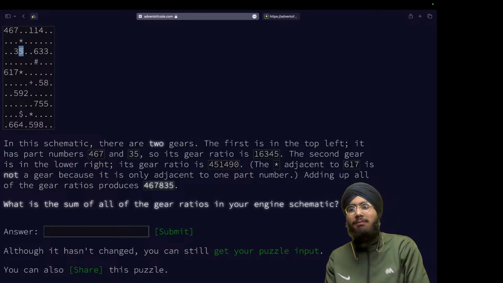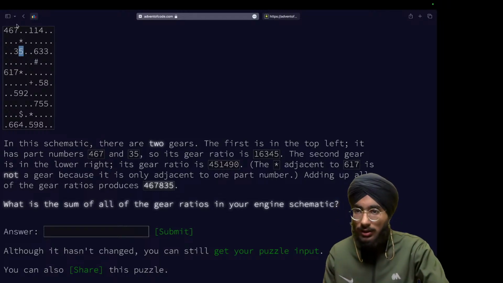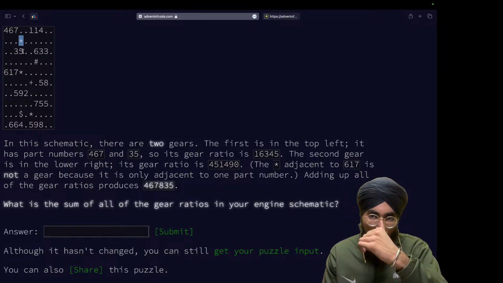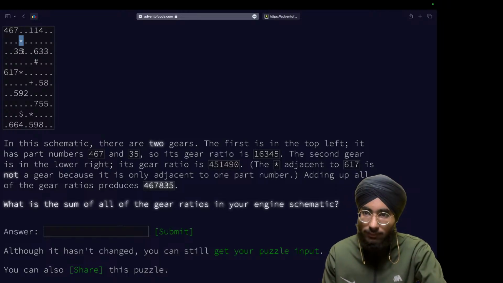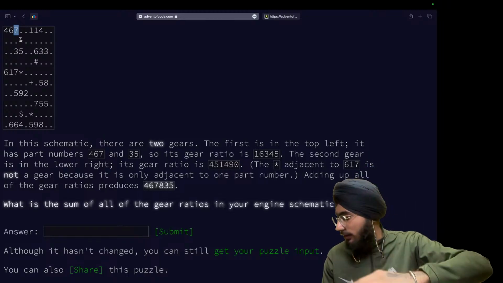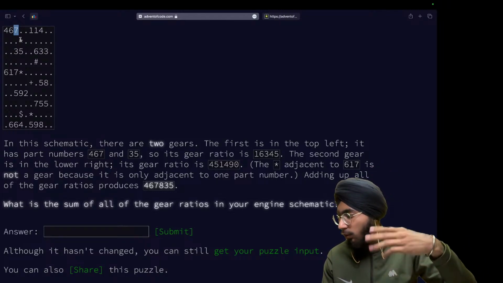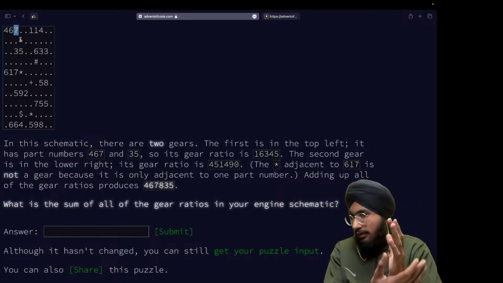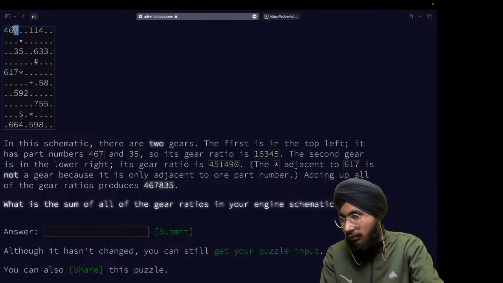I have an idea. What we can do is search for the stars, and if one is surrounded, we'll check for numbers. Okay. And once we hit a number, we have the position of that y, right? Then we go to the y and iterate through till the position we have got.